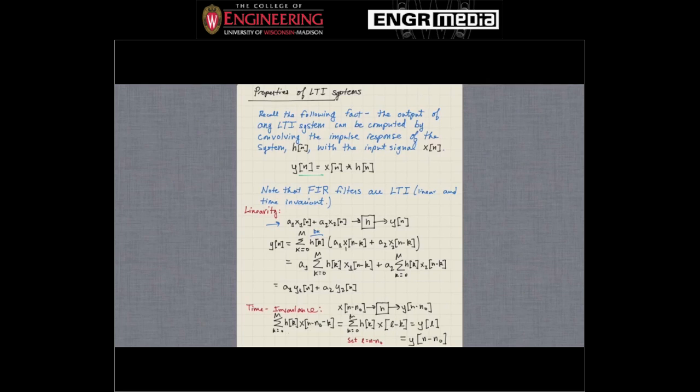And note that when we delay that input by n naught, all that ends up doing is we can just redefine the time index, set that to be L equals n minus n naught, and then plug that back into the equation, and the output we get is just y of L. We knew L equals n minus n naught, so we get back a time-delayed version of the output, okay? So FIR filters are linear and time invariant.